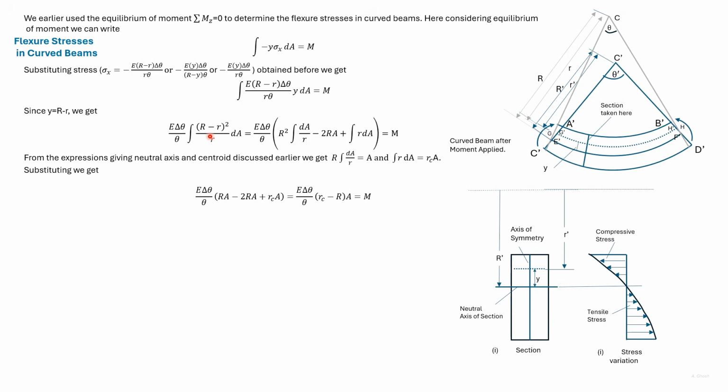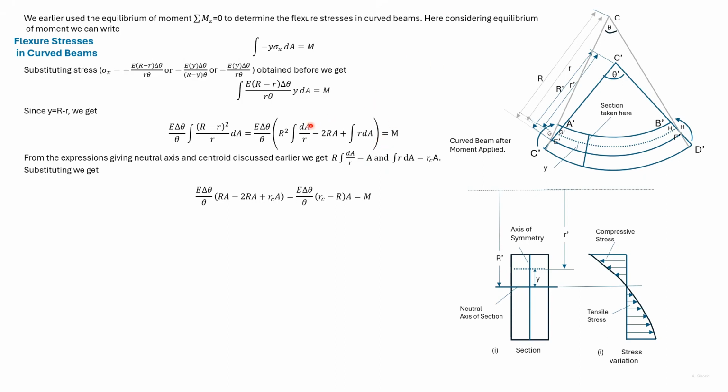Expanding the square, we get this form. Now, the equation which gave the radius of the neutral axis can be written in this form. Also, the equation of the radius of the centroidal axis can be written in this form. We substitute this relation in the first expression within the bracket and this relation in the third expression within the bracket.